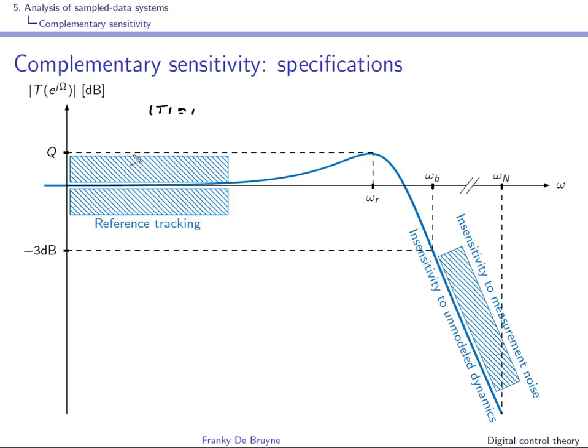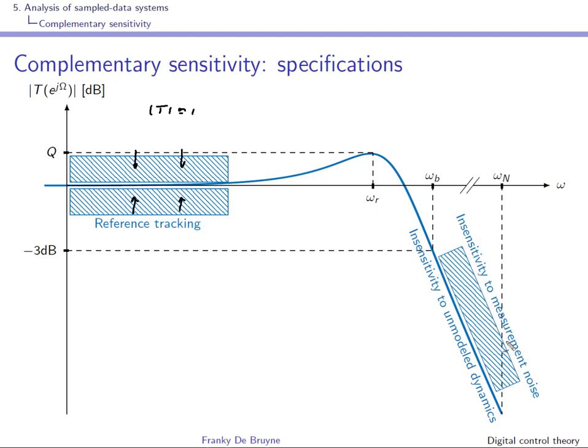So this means that we have to squeeze T in such a way that indeed its modulus is close to 1 over a sufficiently large range of frequencies, and we have to make sure here that this resonance peak remains under control.